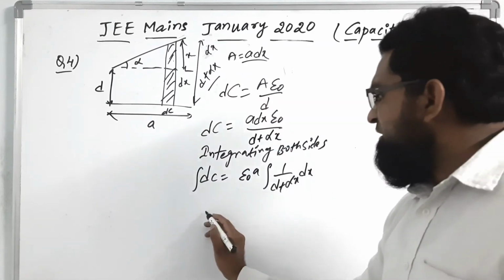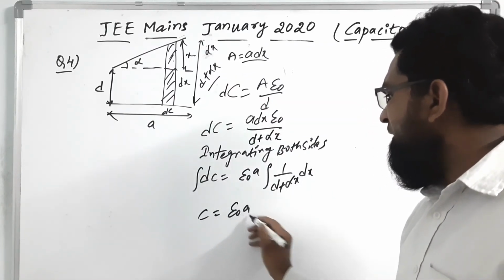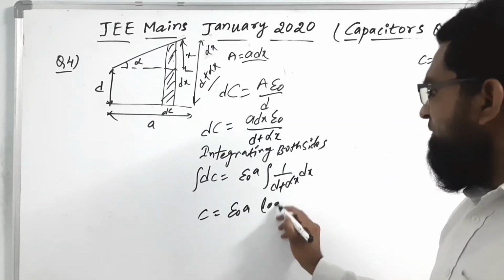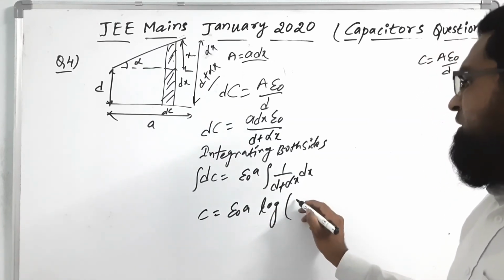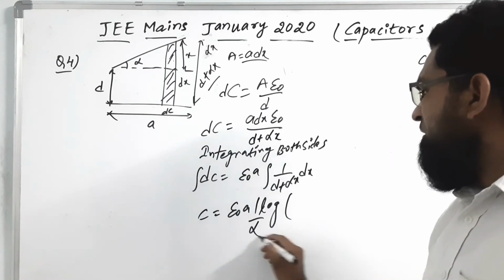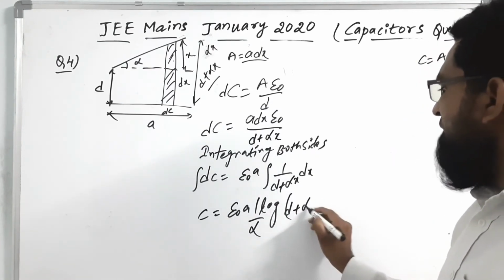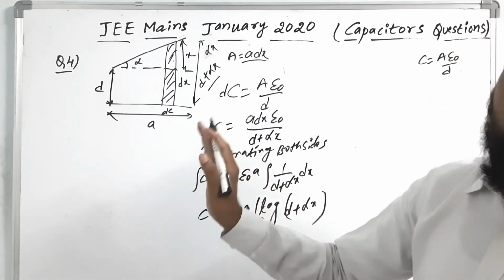Next, integrating dC, C is equal to epsilon naught A times 1 by alpha log of D plus alpha x, with limits.